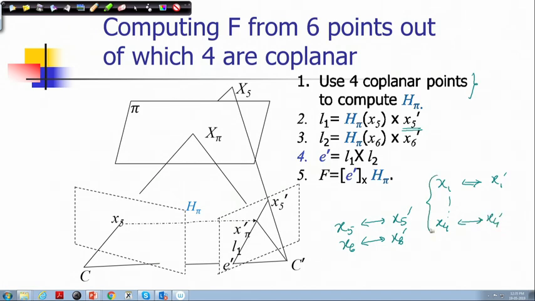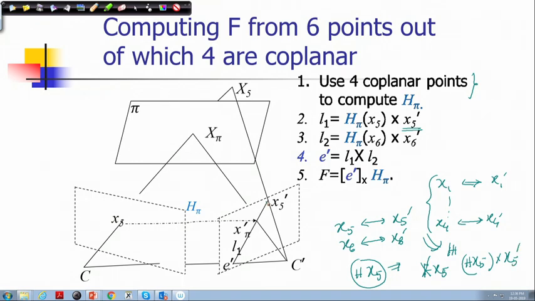First you compute the plane induced homography among them; you require a minimum of 4 point correspondences. Now, if I transform x 5 using this homography, the same point will lie on the epipolar line F x 5, or I should say the epipolar line will be formed, because F is not known. The epipolar line will be formed by H x 5 cross x 5 prime.